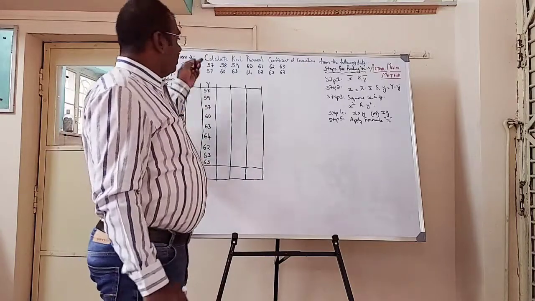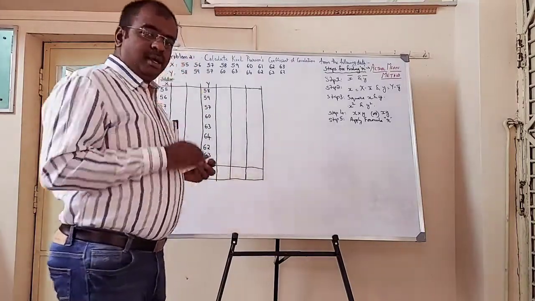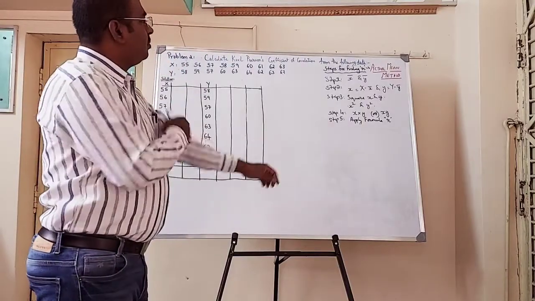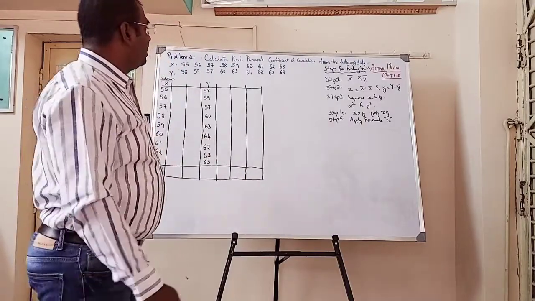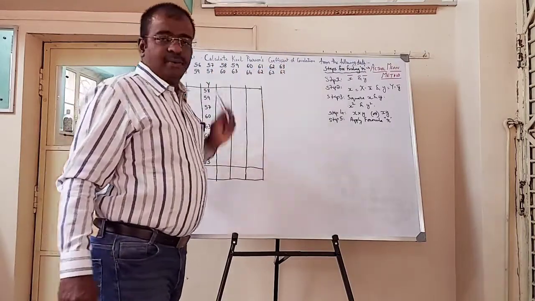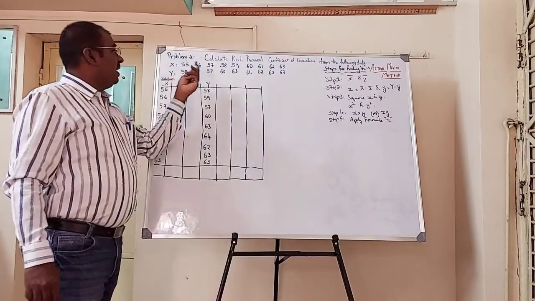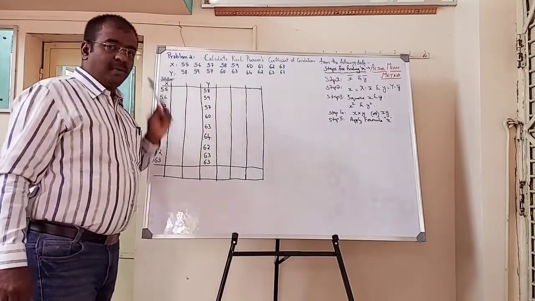Well, coming to the second question, we have another question to further enhance our procedure of solving the problem, to strengthen our basics. Again, it says calculate Karl Pearson's coefficient of correlation from the following data, and it gives values of x and values of y.